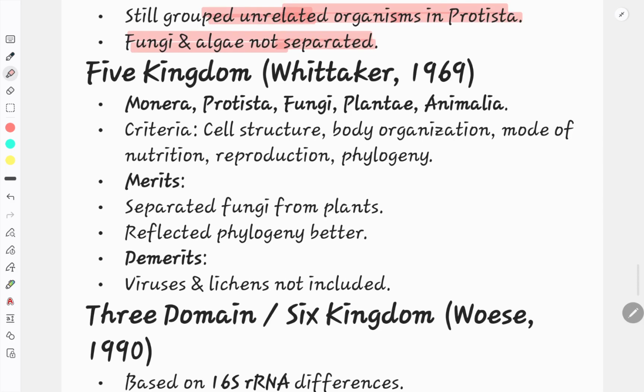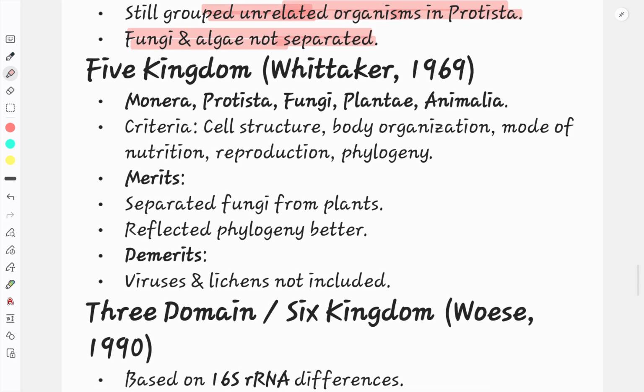And today we mostly study this classification during our school years, that is the five kingdom classification, which consists of five kingdoms: Monera, Protista, Fungi, Plantae and Animalia. What were the criteria? These are separated on the following criteria: cell structure, body organization, mode of nutrition, reproduction, phylogeny.